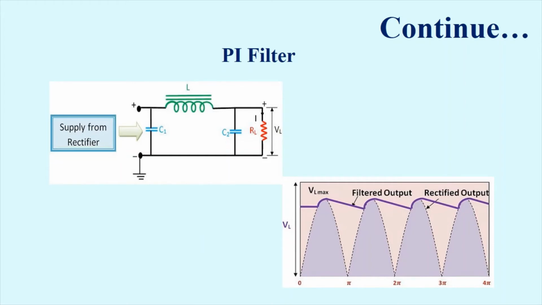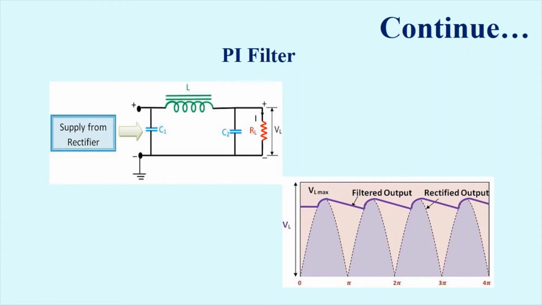The output of the rectifier is the combination of AC plus DC components. So the pi filter consists of two capacitors arranged in parallel with a load resistor, and here we have another inductor connected in series in the center of these two capacitors.